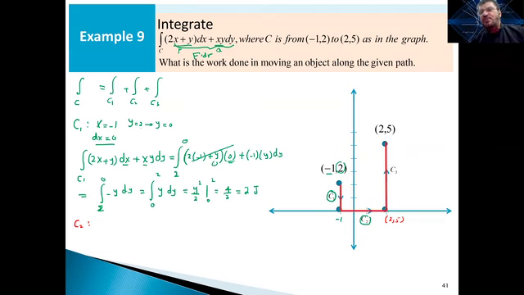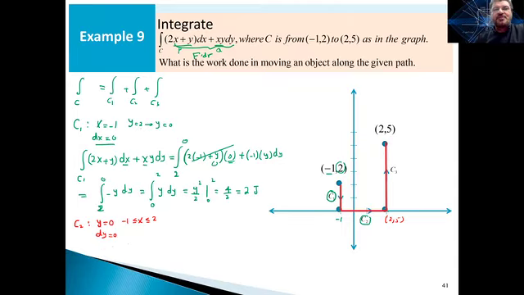As long as you are in C2, you are on the x-axis, so y is 0. And x is changing between -1 and 2 along C2. So I know from this that dy will be 0. If y is 0, the derivative is 0.